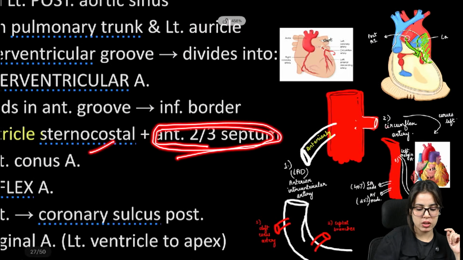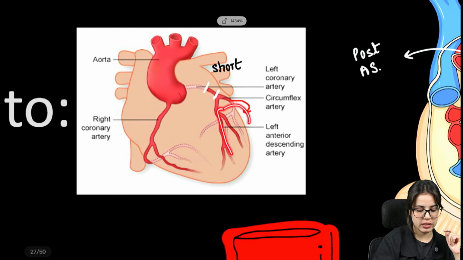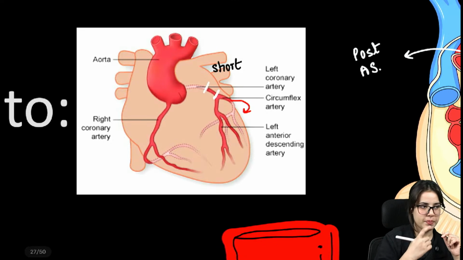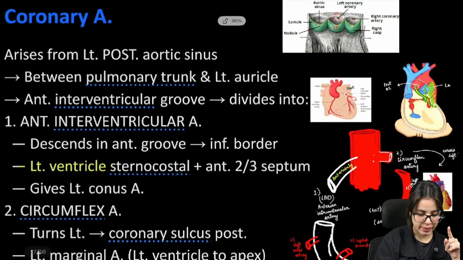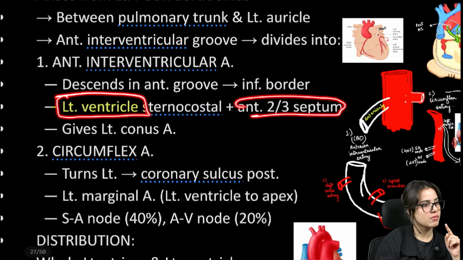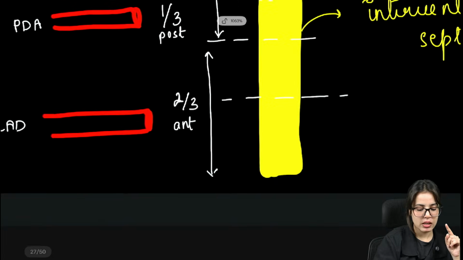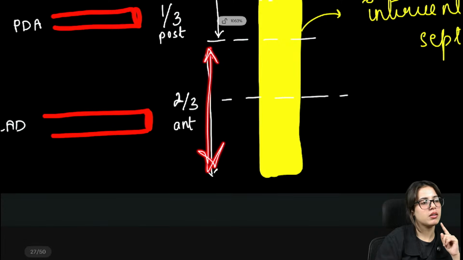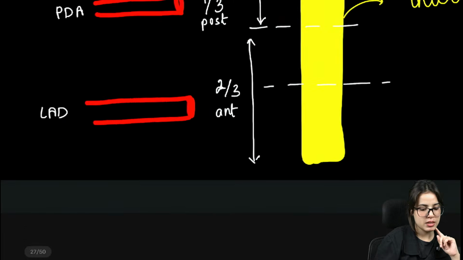Usually it goes here, and if it's going like this, it mainly provides blood supply to the left ventricle. So the left ventricle is the main part. Now let's go here again. The other 2/3 anterior part of the interventricular septum is provided by LAD.